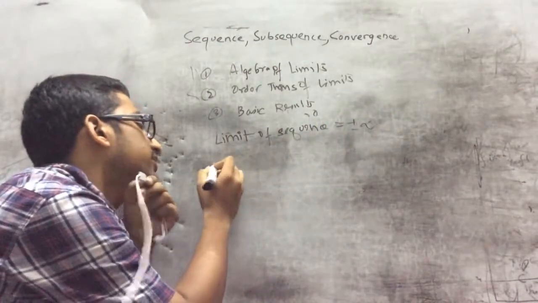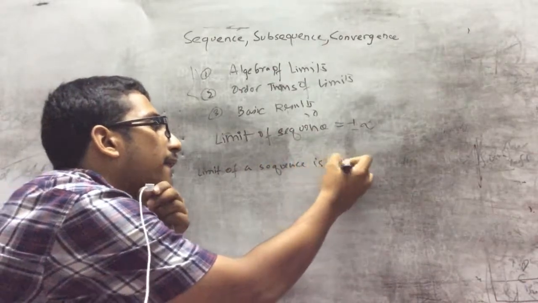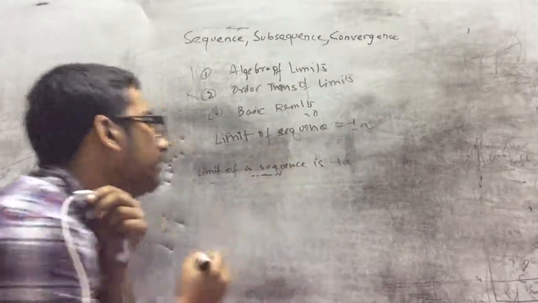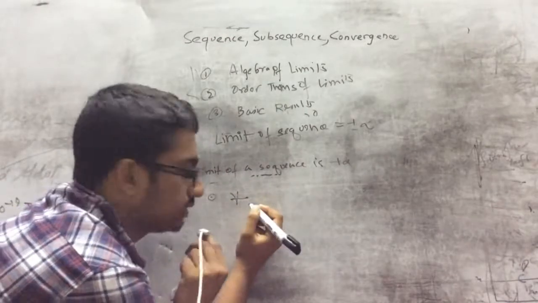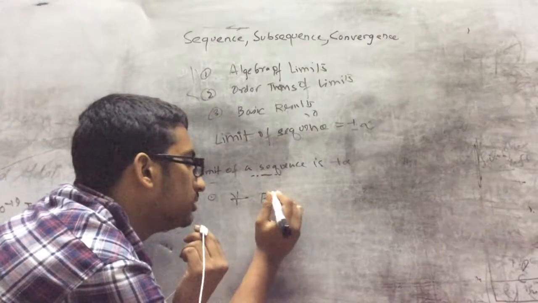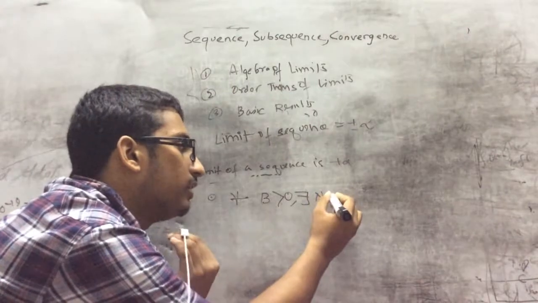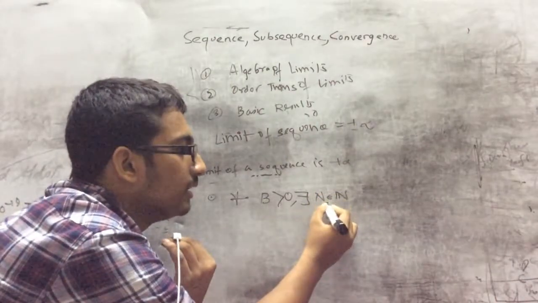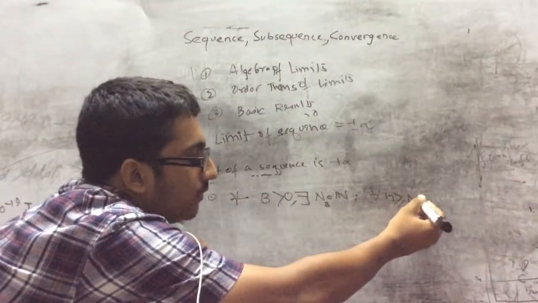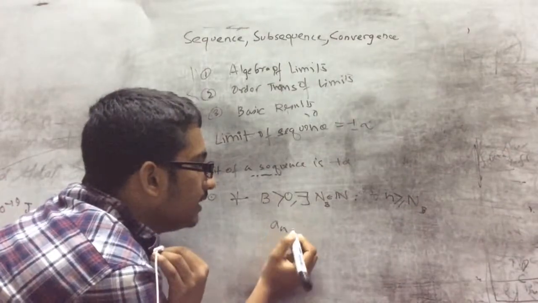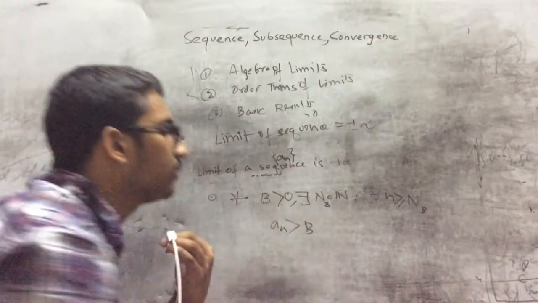The limit of a sequence is infinity, the definition is: for all positive numbers b greater than 0, as I introduced the notion in previous videos, there exists a natural number N depending on this b such that for all n greater than or equal to N, the sequence term is greater than b. Simple, see.